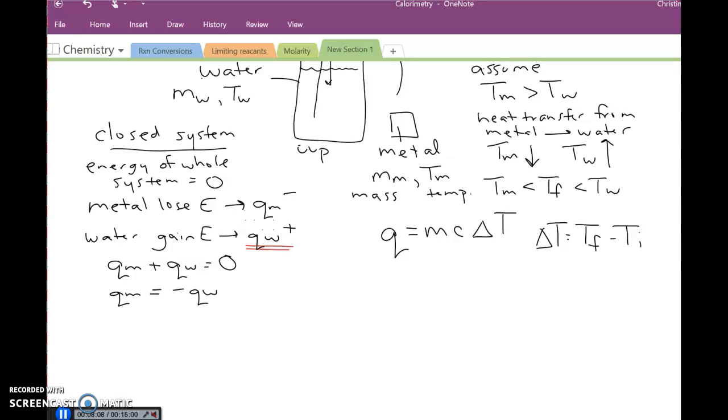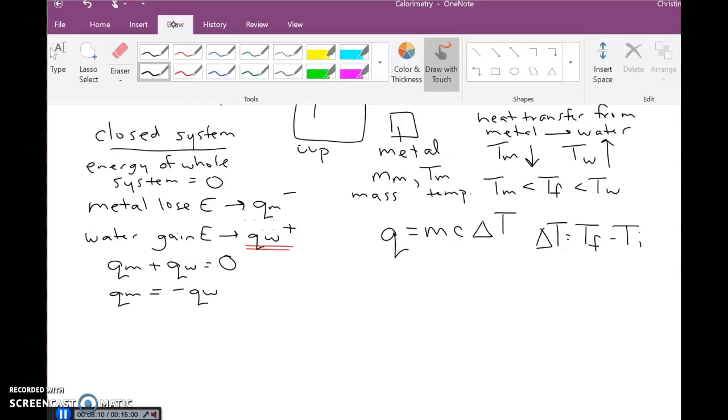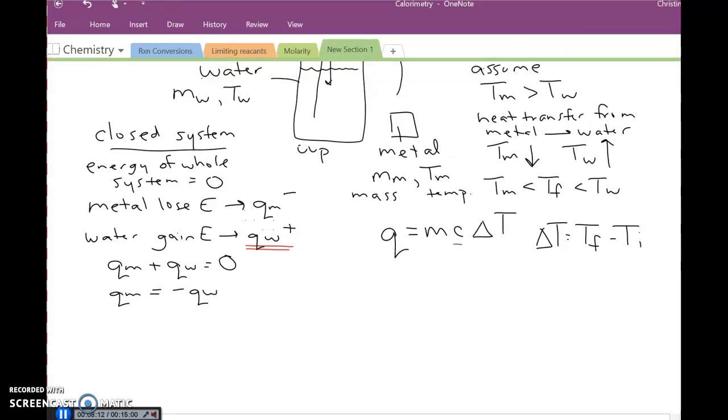Now, this C value right here is different for different substances. So we can identify what metal we are working with depending on the C value that we can calculate from our problem.